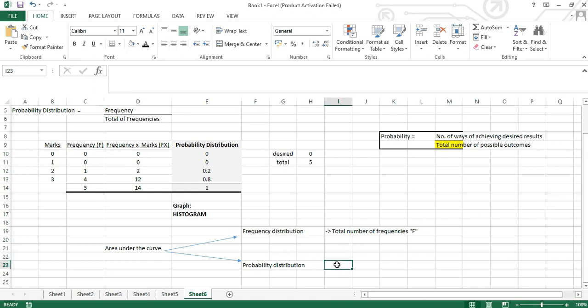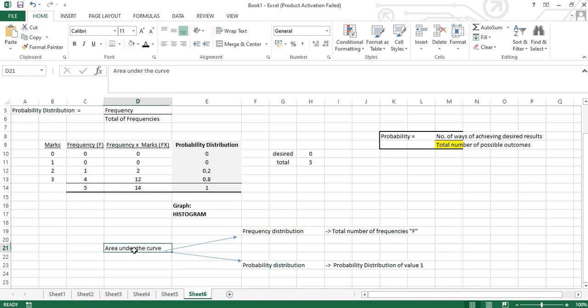But the area under the graph for a probability distribution is always the value 1. Okay. So what is the value of area under the curve under a probability distribution setup? 1.